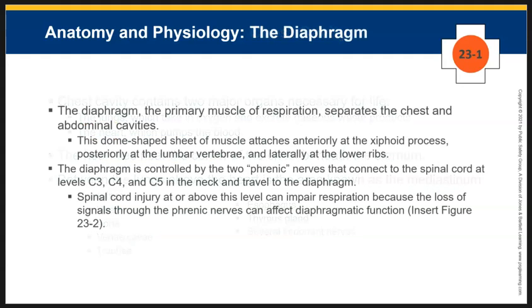Now the diaphragm is the bottom part of the thorax, separating the thorax and the abdominal cavities. One thing to consider is that the diaphragm is controlled by two phrenic nerves connecting to the spinal cord at the cervical vertebrae, numbers 3, 4, and 5, and so injury at or above this level can impair respiration because it will affect the function of the diaphragm.